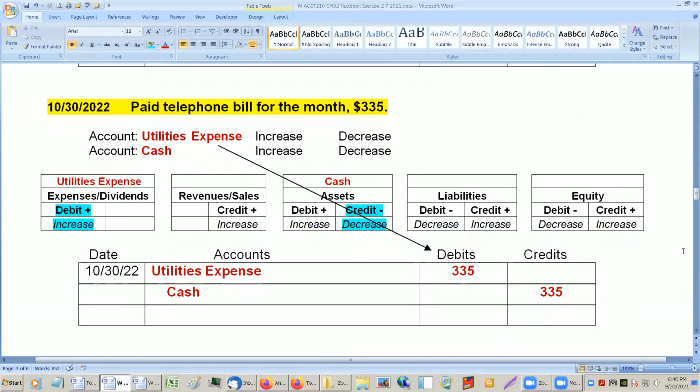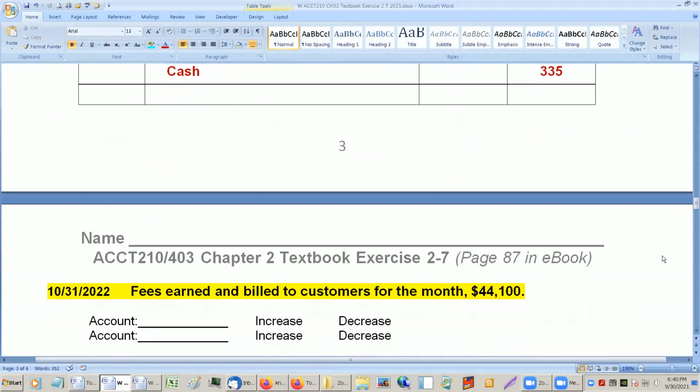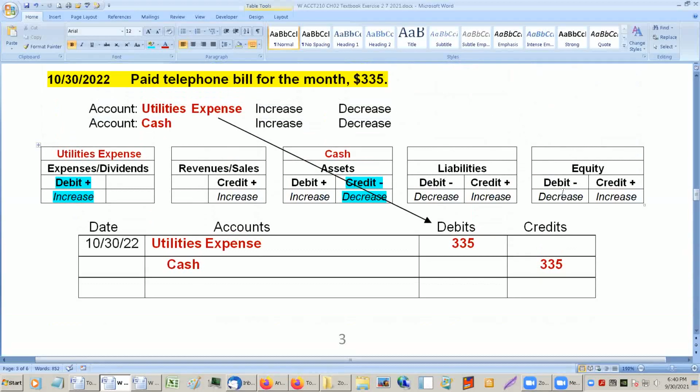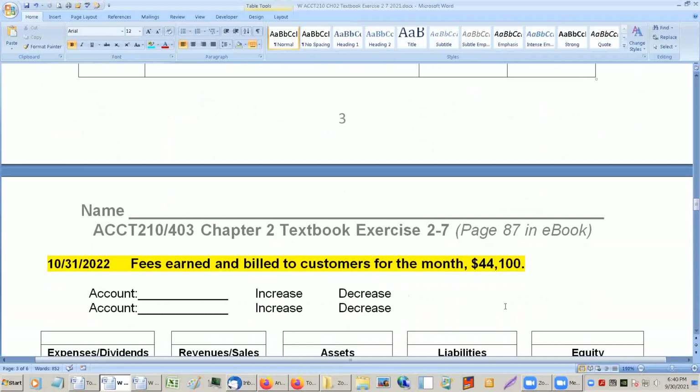And unless something crazy happens, like an error or a rebate or some weird thing, they're always debits. Two months' worth of utilities expense is more than one month, so they're always increasing.